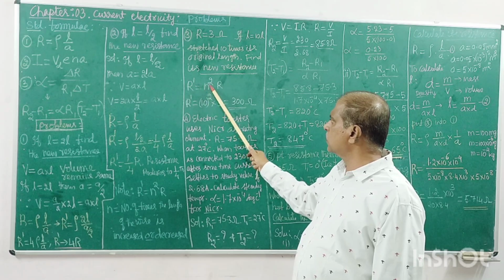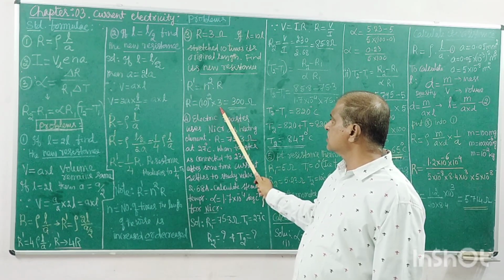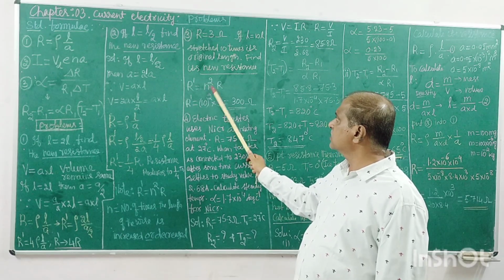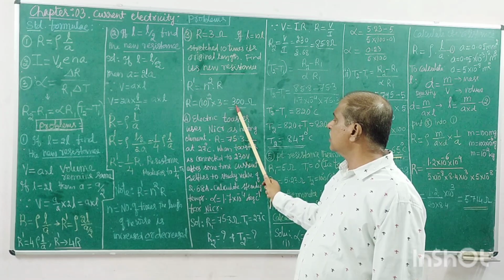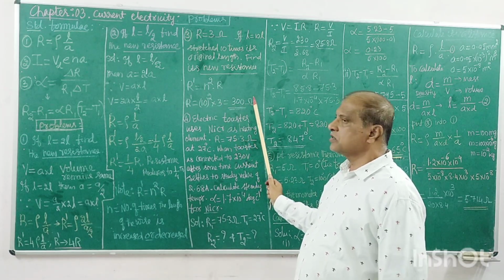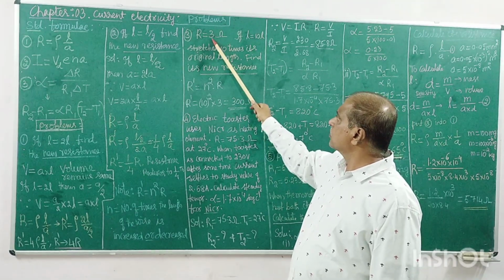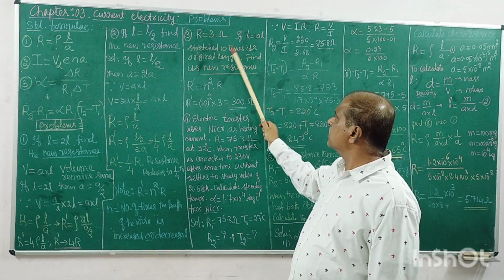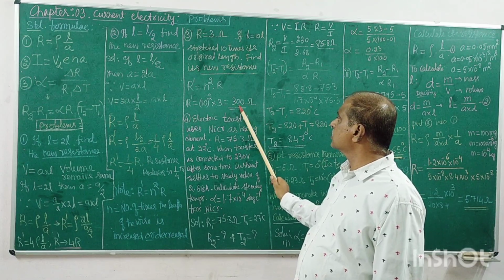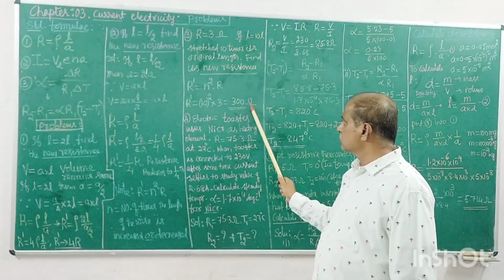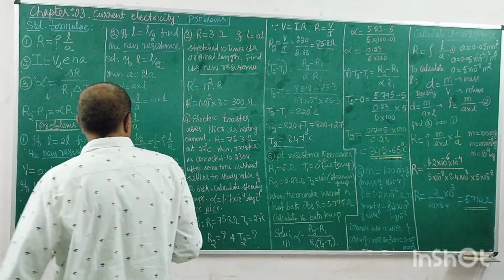R dash is equal to n square R. The initial resistance is 3 ohm and n is 10. 10 square, simplify, 100 into 3 is 300 ohm. Imagine that, just looking at this value. Here 3 ohm, when you stretch it to 10 times, resistance increases to 300 ohm. That is 100 times more. 300 ohms. So these are the problems you can expect.